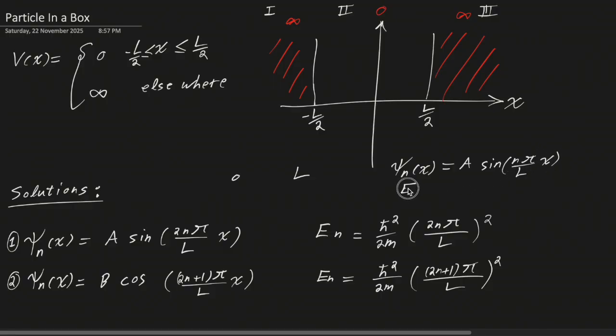And your energy eigenstates were h bar squared over 2m multiplied by n pi over L squared. So this was the previous solution.